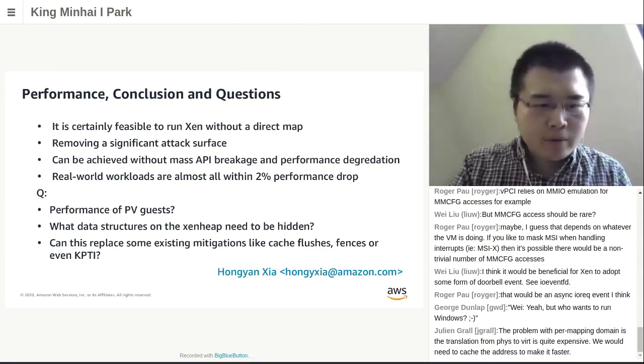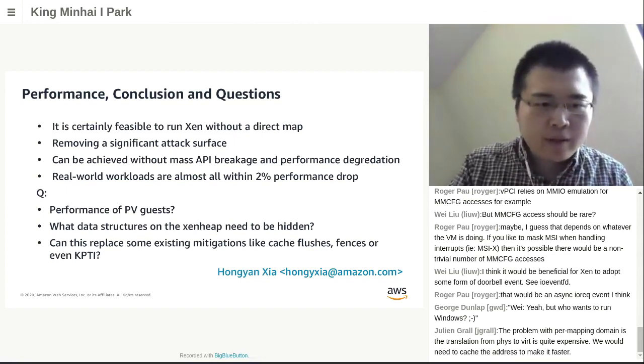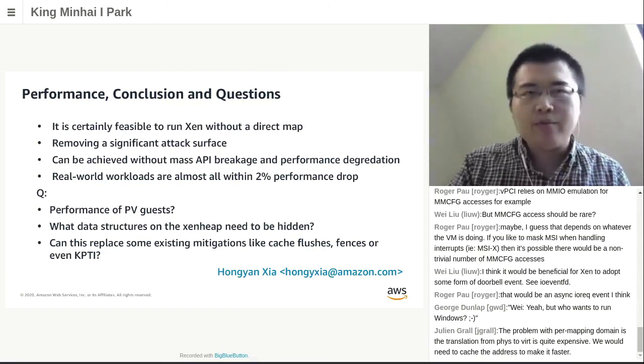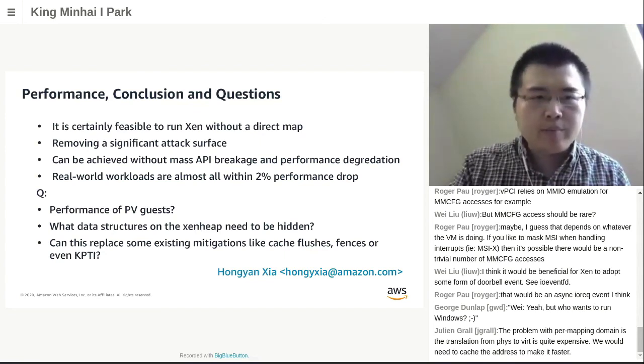Yeah, we have another question from Julian. I think that's a good point. Unfortunately, for now, EPT walking needs to be fast. So we rely on fast physical to virtual address conversion, and moving it to a per domain region, at least at the moment, we don't have a good mechanism to make sure that is fast.